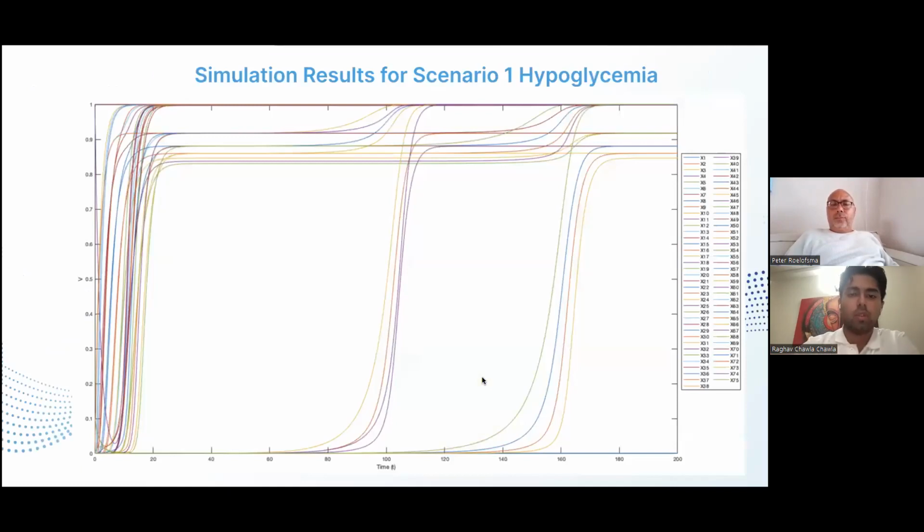So this is the simulation for the first scenario, scenario 1, for hypoglycemia.